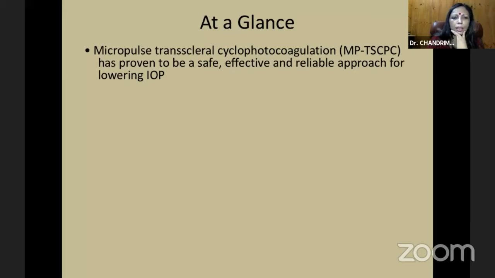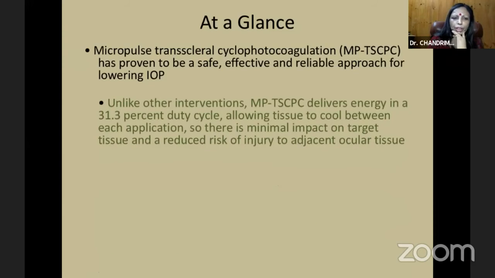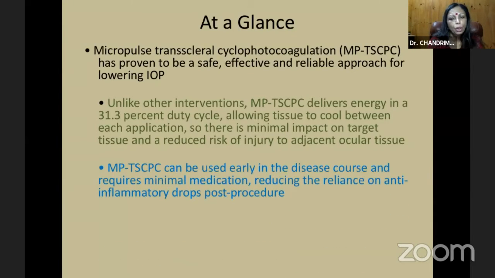So at a glance, micropulse transscleral cyclophotocoagulation has proven to be a safe, effective, and reliable approach for lowering intraocular pressure. Unlike other interventions, it delivers energy in a 31.3% duty cycle, allowing tissue to cool between each application. So there is minimal impact on target tissue and a reduced risk of injury to adjacent ocular tissue.